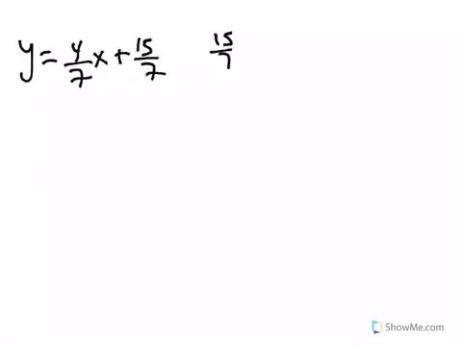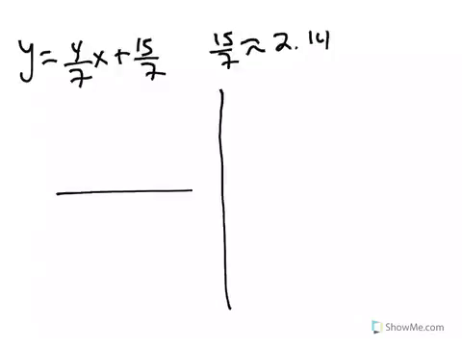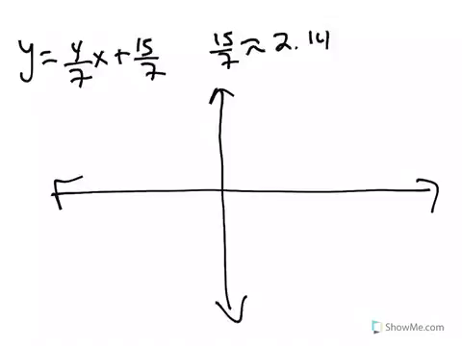So if my equation is y equals 4 over 7x plus 15 over 7, we said that 15 over 7 is roughly 2.14. So I'm going to try to do a better line, better graph for you. Okay.